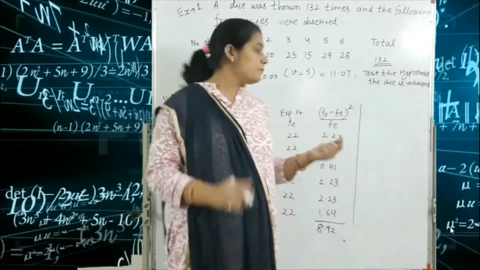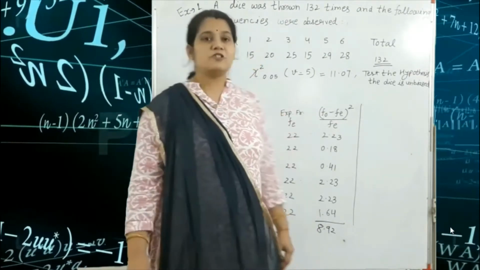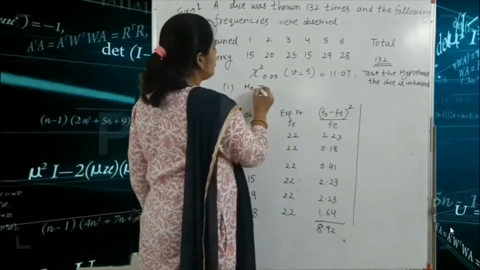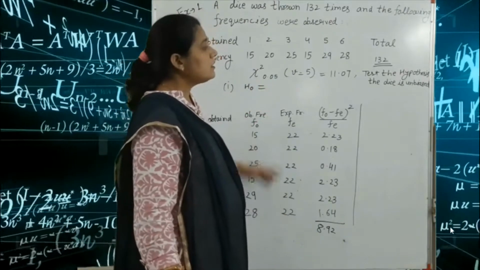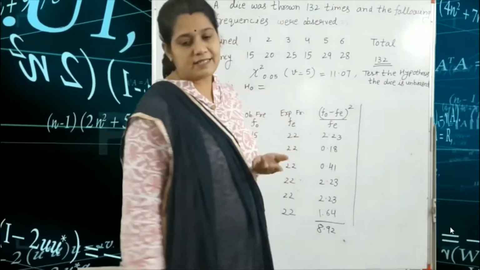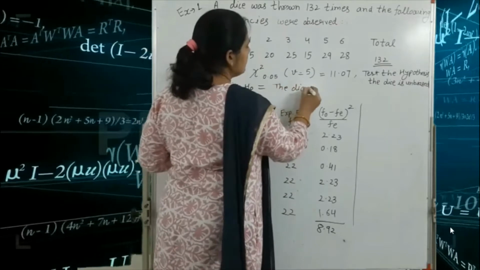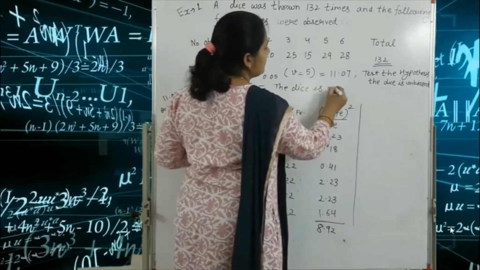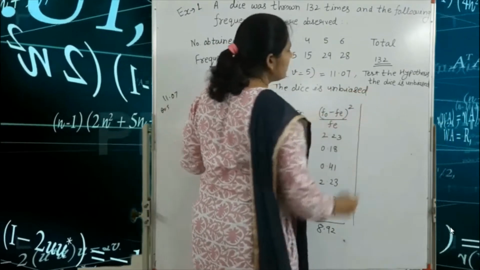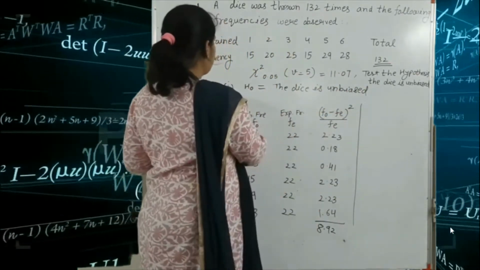First we write the null hypothesis. The null hypothesis H0 is the test hypothesis: the die is unbiased. We write here that the die is unbiased because this is the claim.